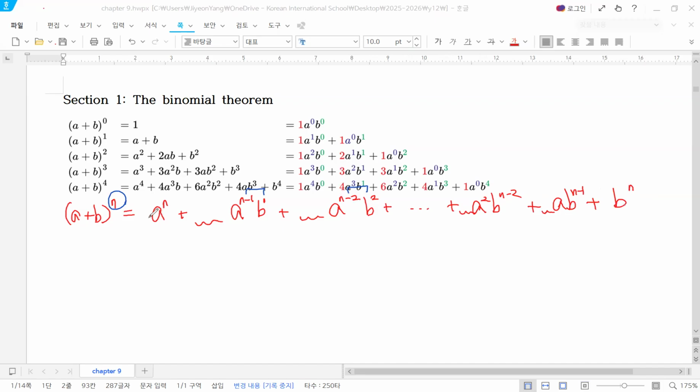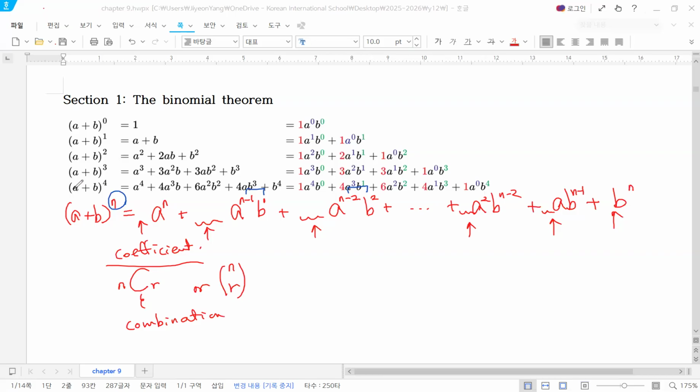And then, students, this number we call the coefficient. The coefficient is denoted by nCr, which we call combination, or denoted by the bracket n over r. In this one, there are n brackets.